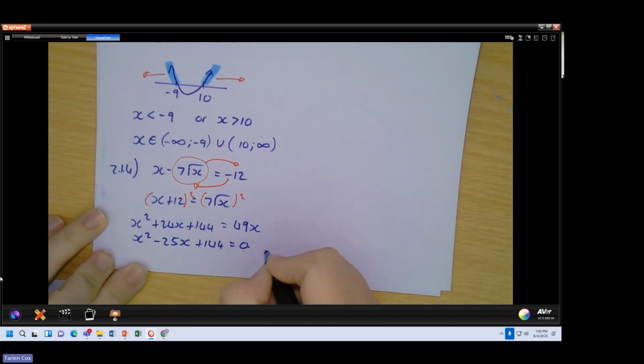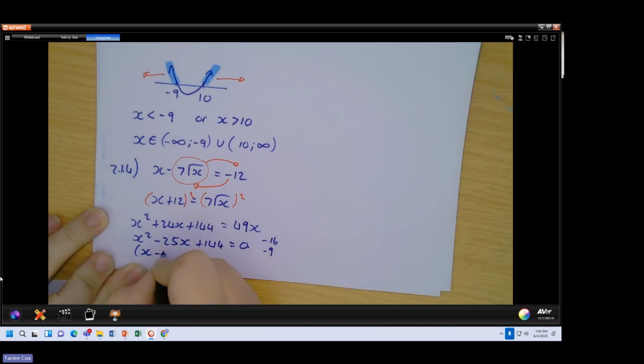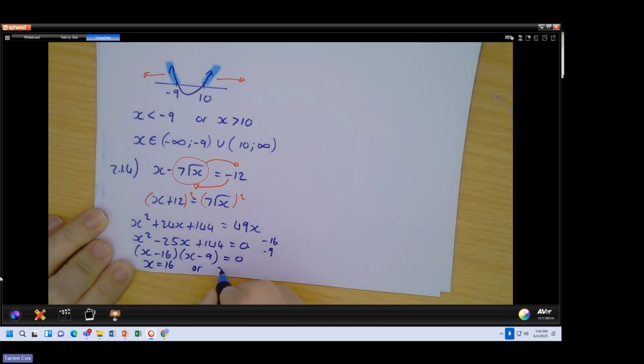We do have factors for this, so it will be 16 and 9. Signs are the same, both negative, so it will be x minus 16 and x minus 9 is equal to 0, which leaves me with x is equal to 16 or x is equal to 9.